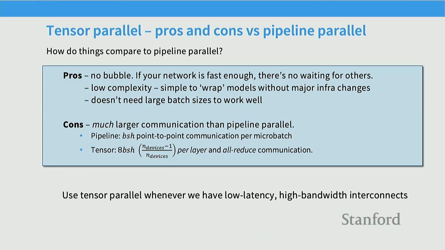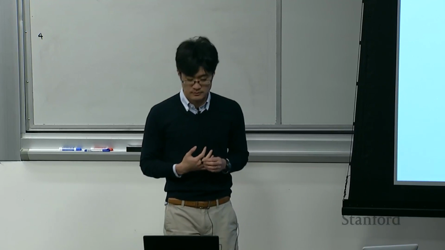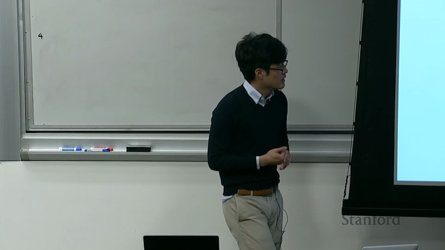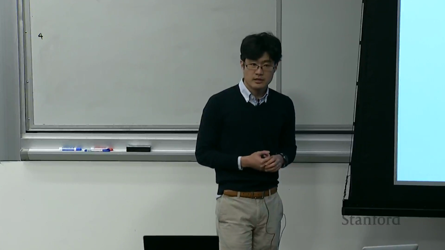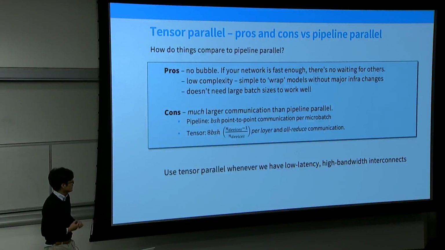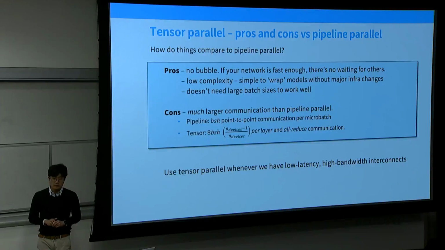Okay, any questions on pipeline or tensor parallel before we move on to the third kind, sequence parallel and activation sharding? Yes? Can they both be used simultaneously? Yeah, so the question was, can they be used simultaneously? The answer is that, yeah, you do use them both. I think we'll get to examples later, but the typical thing that you see is for large-scale runs, you very often see tensor parallel.